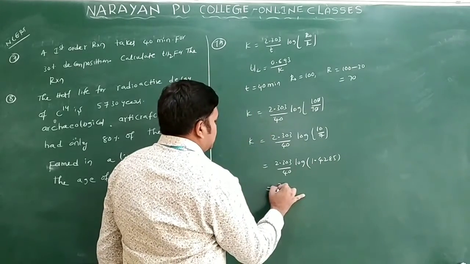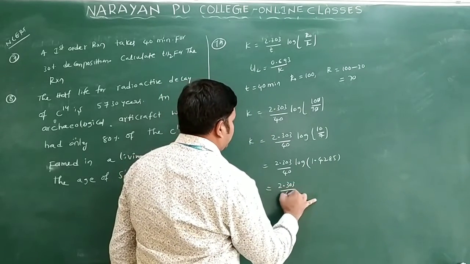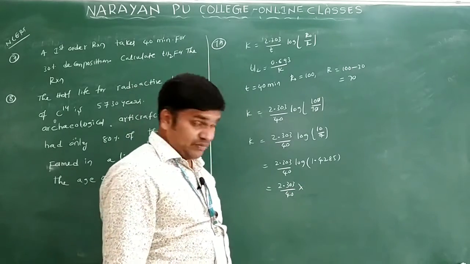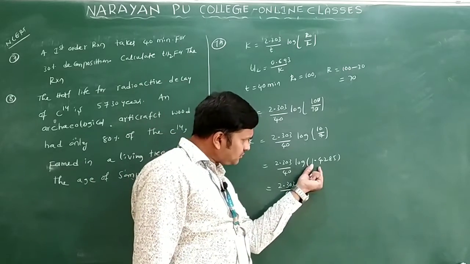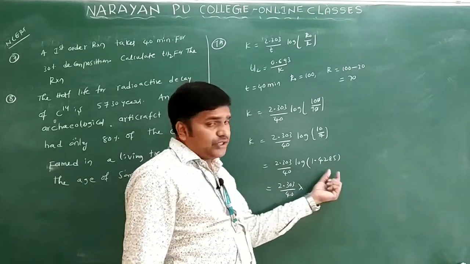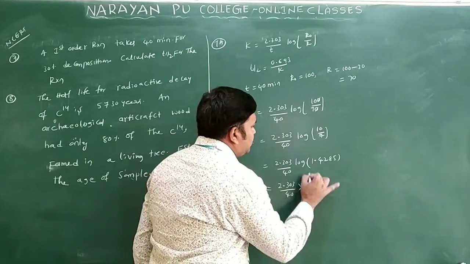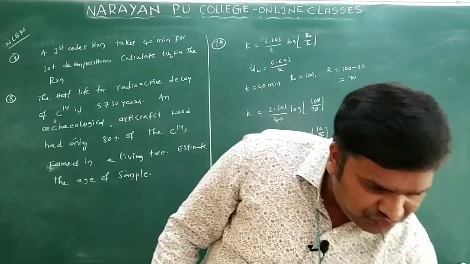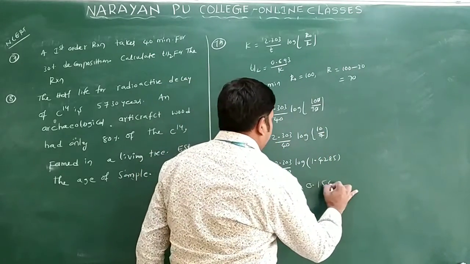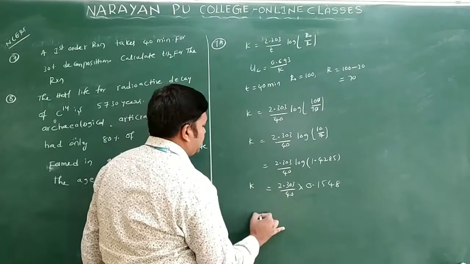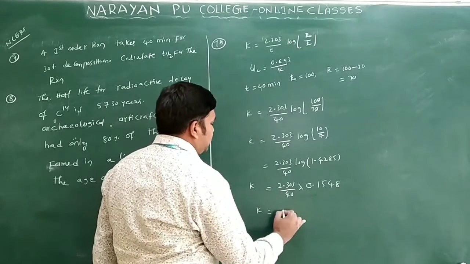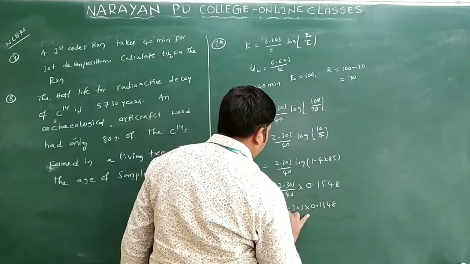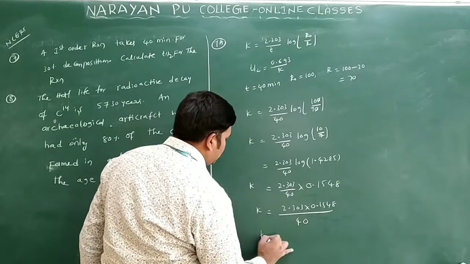So this is 2.303 by 40 into log 1.4285. How do you see the value? Log 1.4285, you will get 0.1548. So K is equal to 2.303 into 0.1548 by 40 you will get.